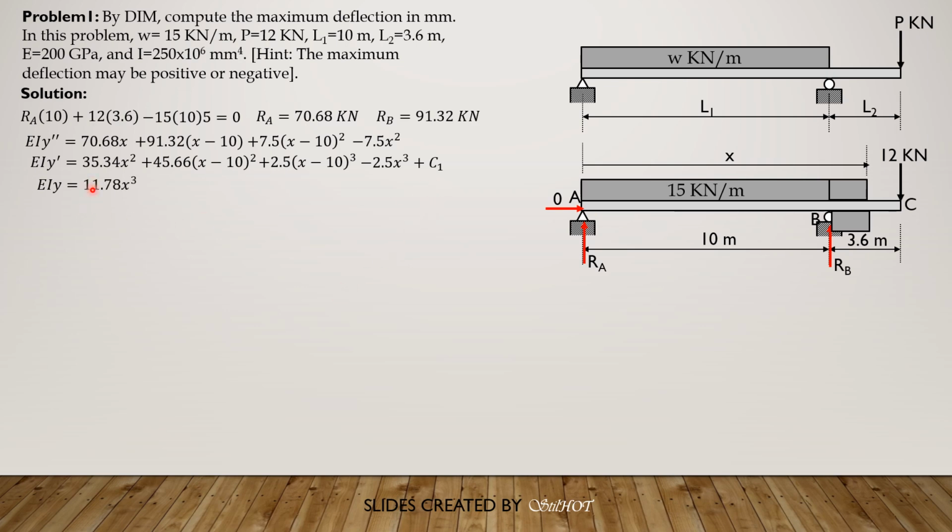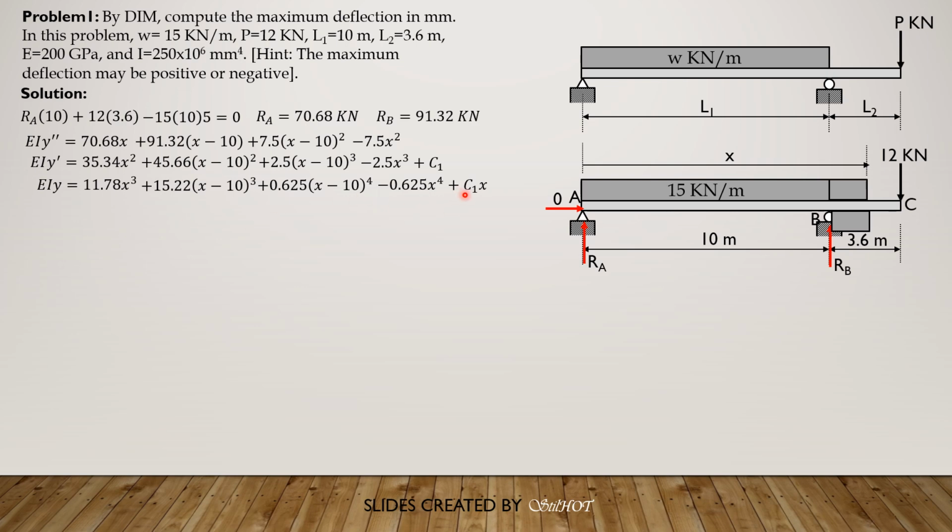So we have EI Y equals 11.78 X cubed plus 15.22 quantity X minus 10 cubed, then plus 0.625 quantity X minus 10 to the 4th, then minus 0.625 X to the 4th plus C sub 1 X. Of course, there's no C sub 2 because, as I said, the deflection at A is 0.